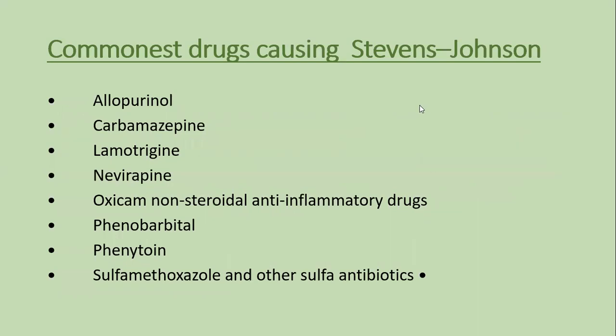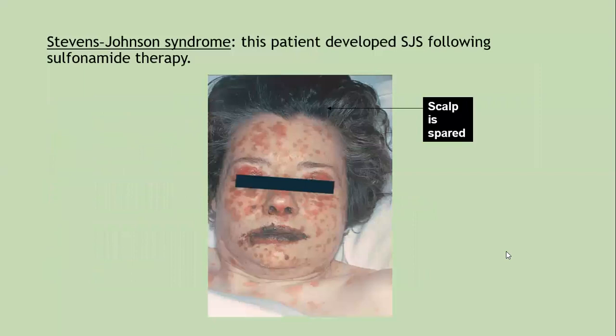The commonest drugs causing Stevens-Johnson are allopurinol, carbamazepine, lamotrigine, nevirapine, phenobarbital, phenytoin, and sulfasalazine. Stevens-Johnson syndrome patients develop lesions on almost the entire body surface, but strangely, the scalp is usually spared.